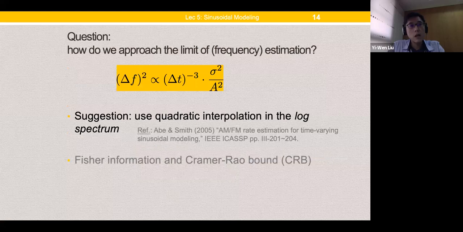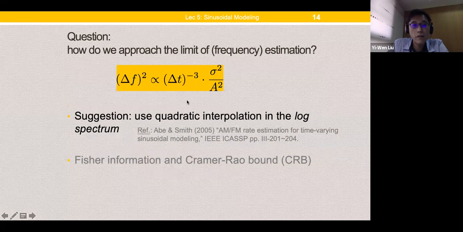Okay, so now we talk about the performance limitation, the lower bound, the best case scenario. The academic question is then, how do we design a frequency estimator that approaches this limit, with almost as good a performance as the theoretical limit?